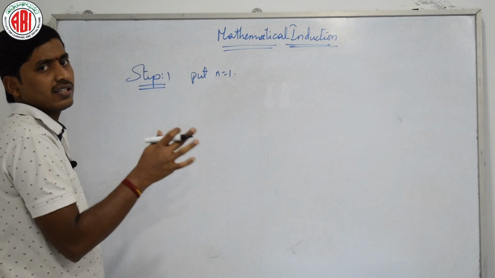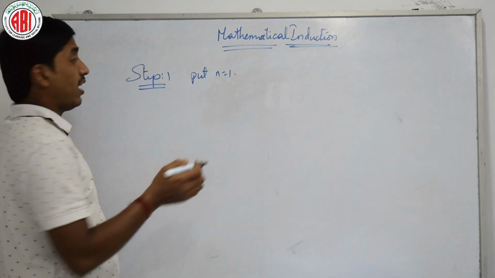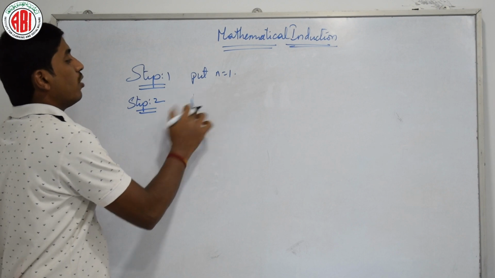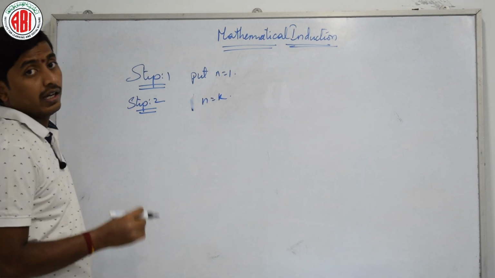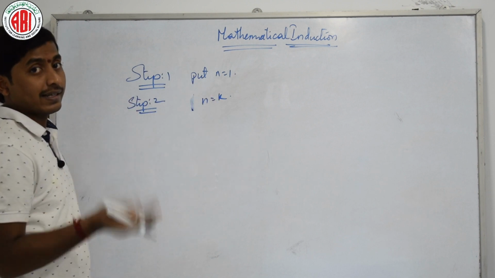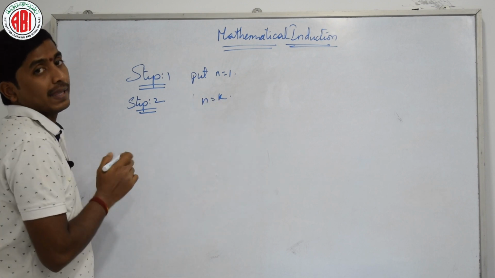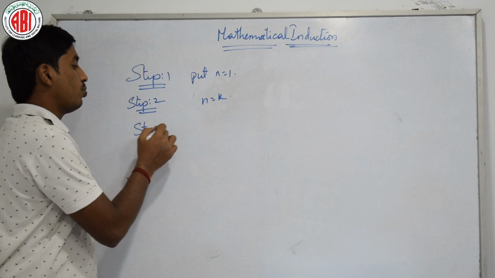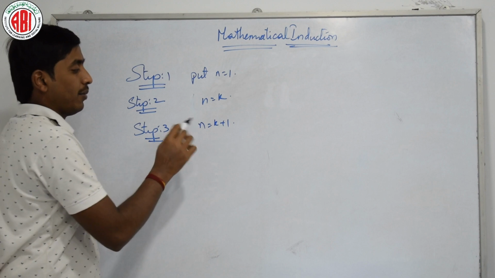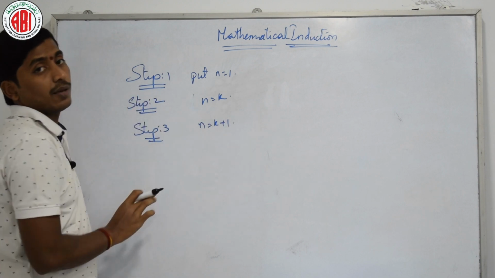Let us assume the first condition, that is for n is equal to 1. Is it right? Fine. And next we have to assume that it is true for n equal to k. In the first step we have to prove that the statement is true for n equal to 1, and then in the next step we have to assume that it is true for n is equal to k. And next we have to prove that the given statement is true for n is equal to k plus 1.